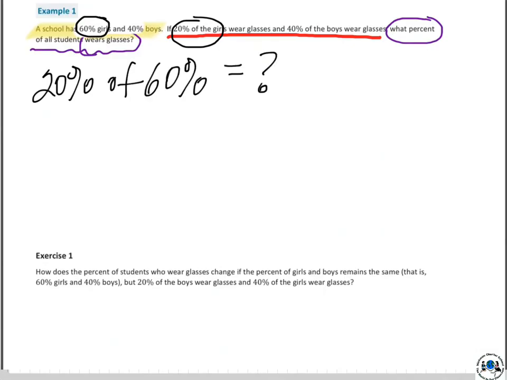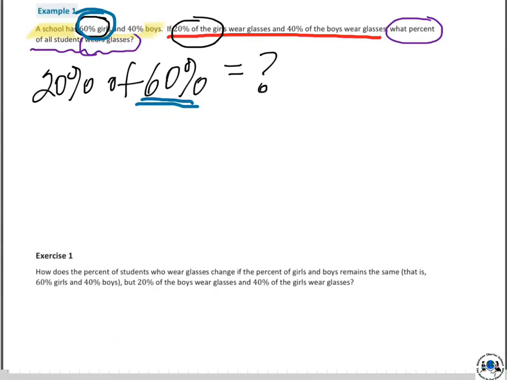Okay, so this is 20% of 60%. And again, we don't have numbers, so all we can work with are these percentages. This 60% girls is going to serve as our whole.